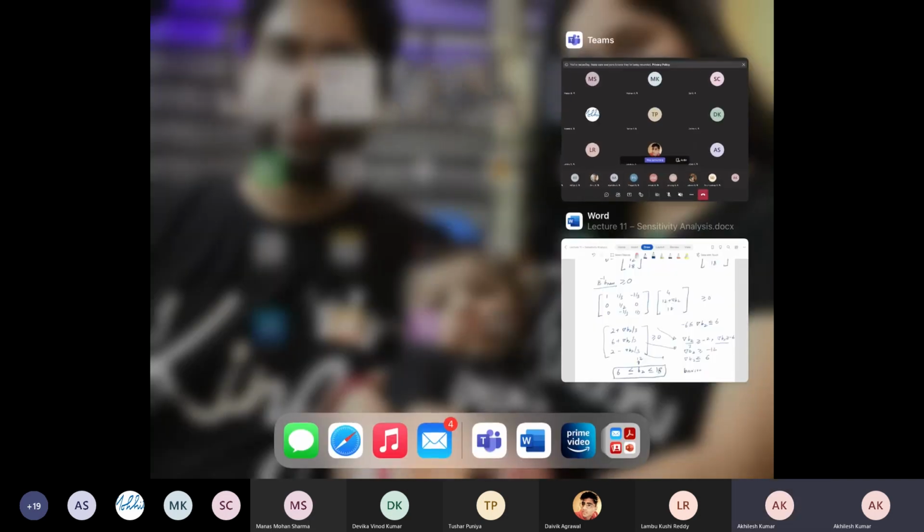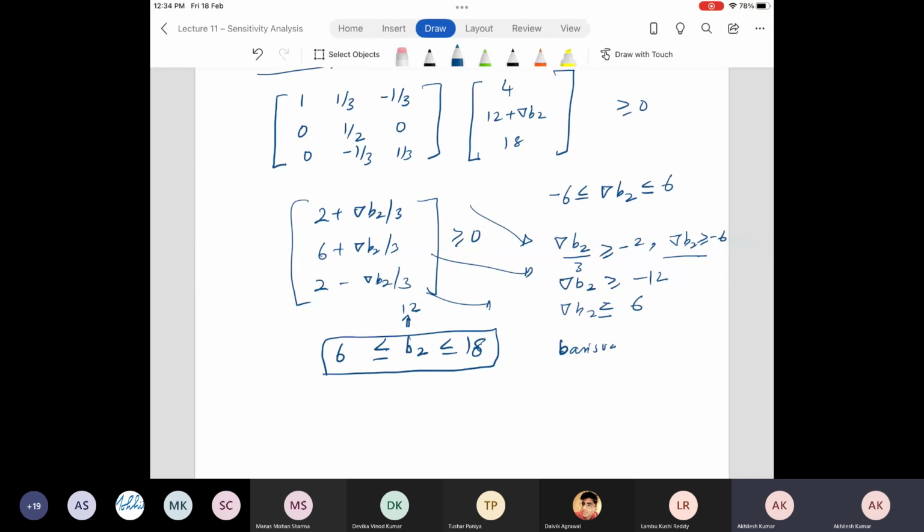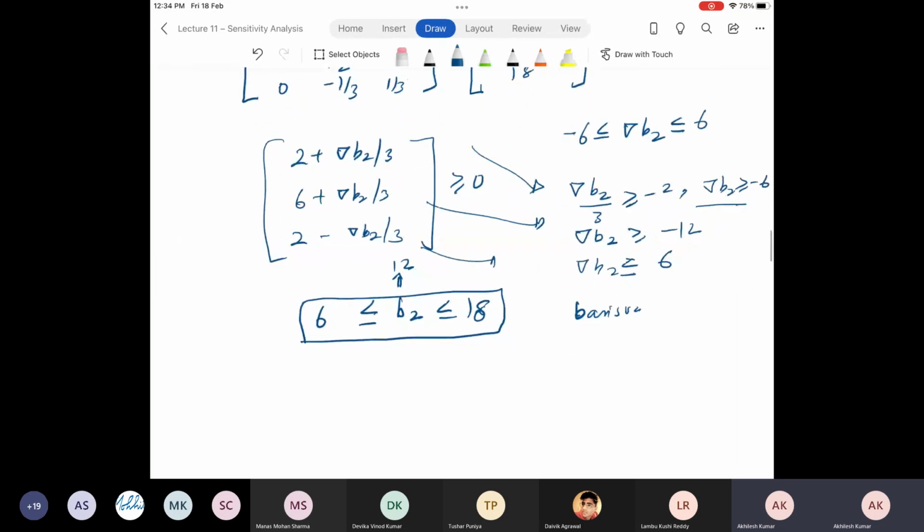So one thing to keep in mind: you can only change B parameters, B values, one at a time if you are trying to find the allowable range.